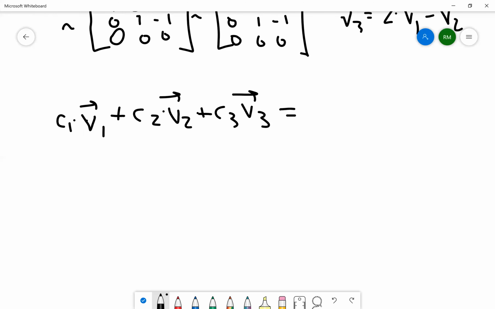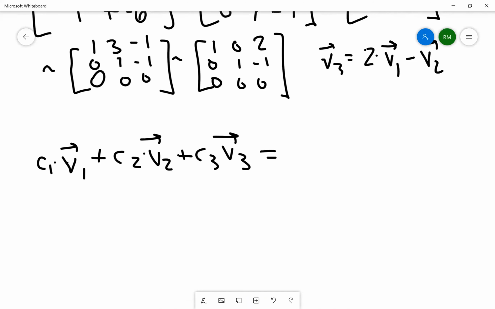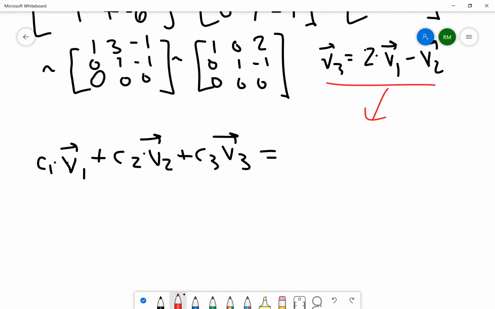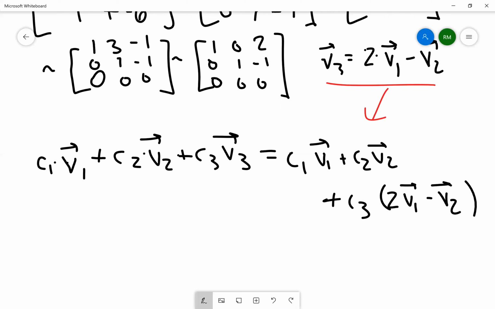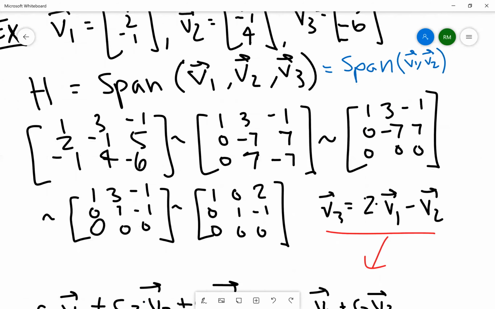From my equation, this is the same as c1 times v1 plus c2 times v2 plus c3 times (2v1 minus v2). And so any vector I can produce with v1, v2, v3 can be written as a combination of just v1s and v2s. That tells me I didn't actually need v3 to span H. I could just use v1 and v2.